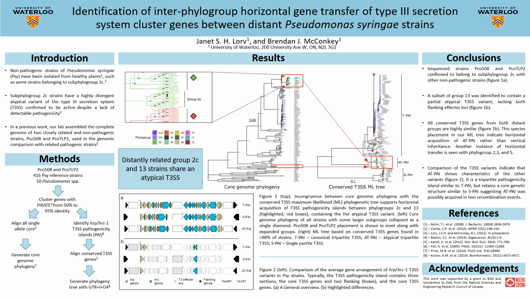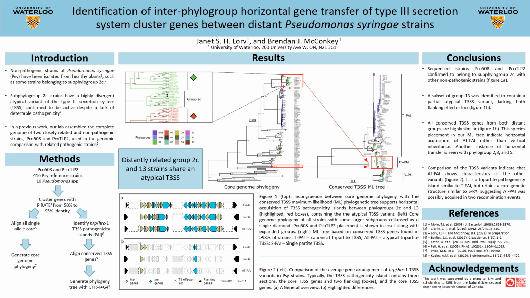It is a very diverse species complex that contains both pathogenic and non-pathogenic variants, and because of this high genetic variability, it can actually be split into 13 phylogroups, under which some strains have actually unique species classification. But the phylogroup that I'll be focusing on is actually subphylogroup 2C, where there's at least one isolate that is known to be non-pathogenic and has been isolated from healthy plant leaves.